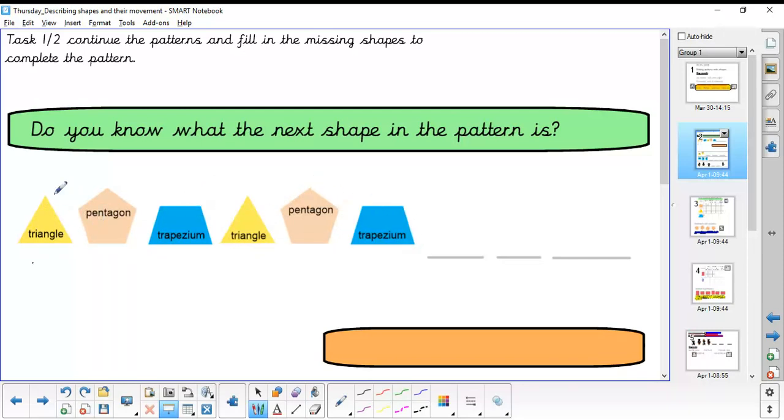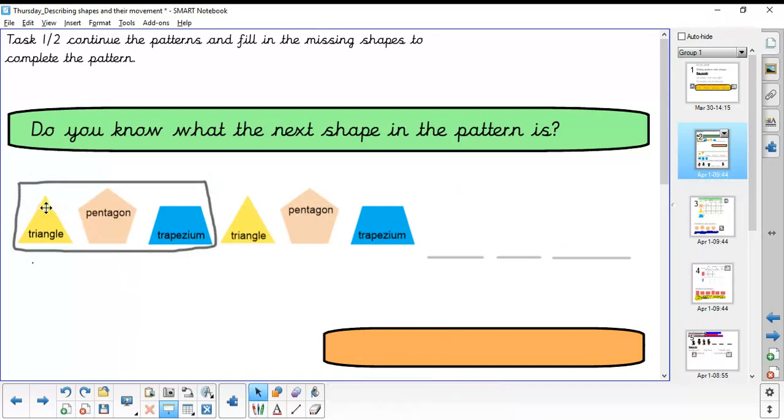And we can see that there are three shapes that are repeating themselves, and it's the triangle, the pentagon, and the trapezium. So that means that the next missing shapes must start again using the triangle, the pentagon, and the trapezium.